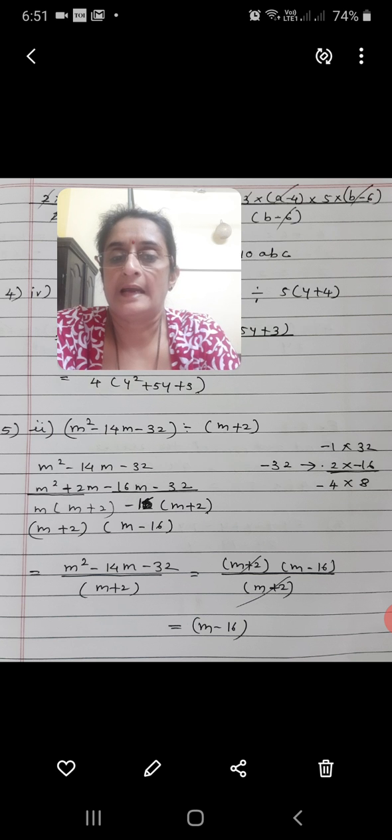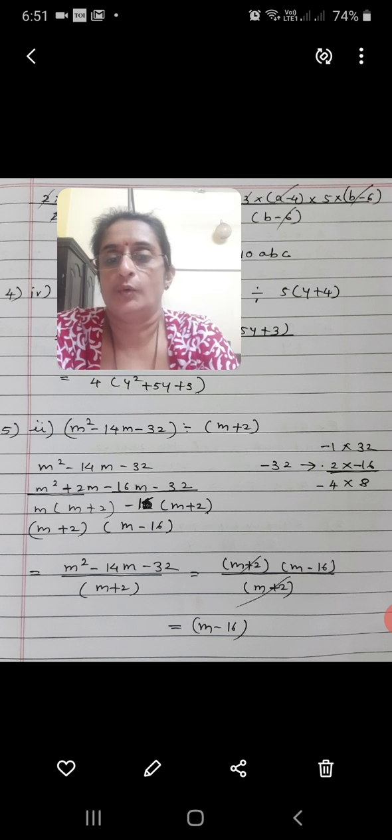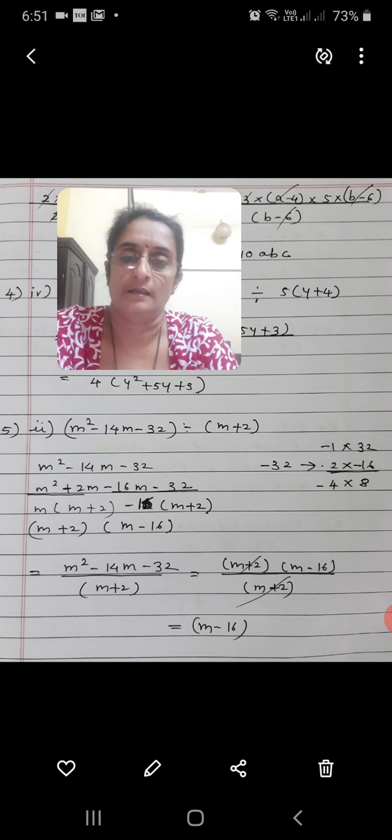Now we want −14. So how are we going to take 2 and 16? For −14, 16 has to be negative, 2 has to be positive. So we split the middle term: m² + 2m − 16m − 32.